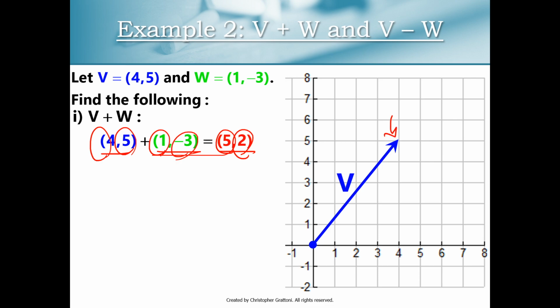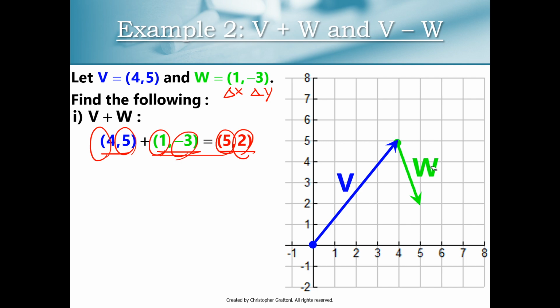That vector is 1, negative 3. Now you could think of a vector as a change in x, a change in y, which means that I'm going to go right 1 and down 3 from that tip of v. So right 1 and down 3, and that'll give me the tip of w there.